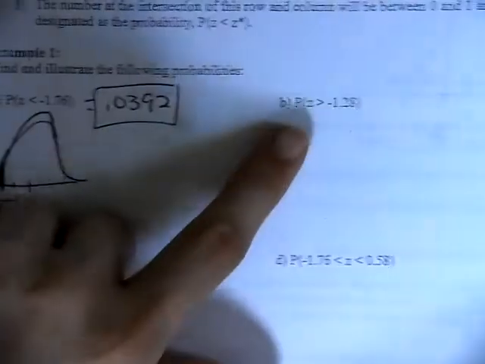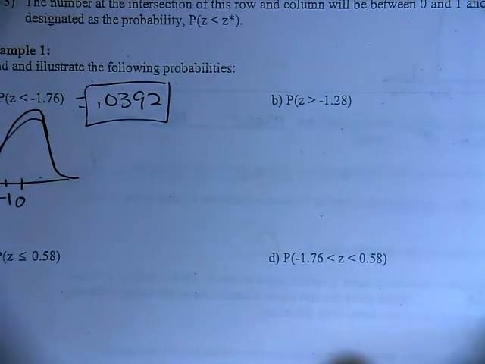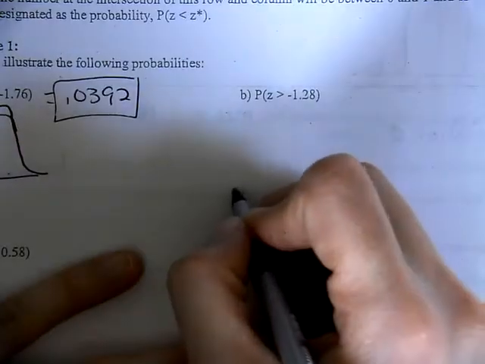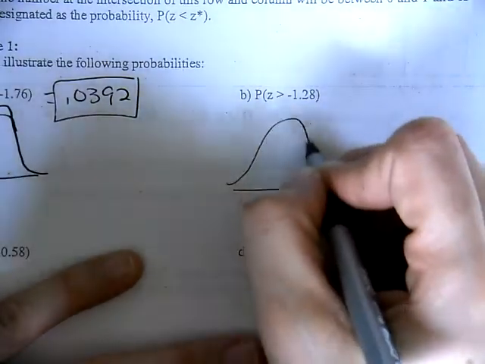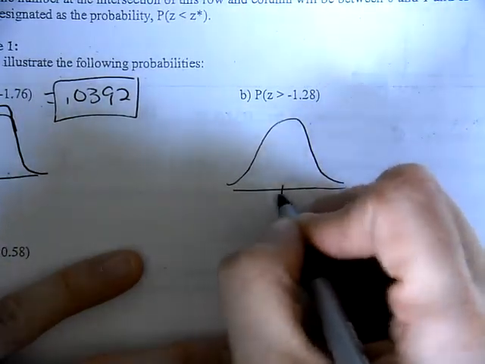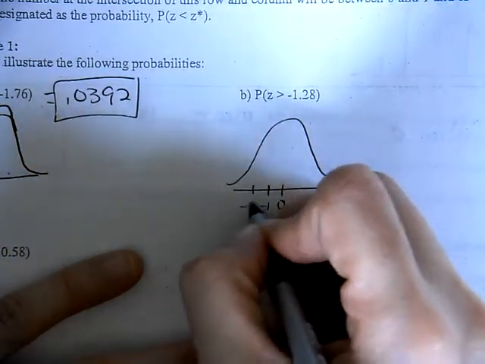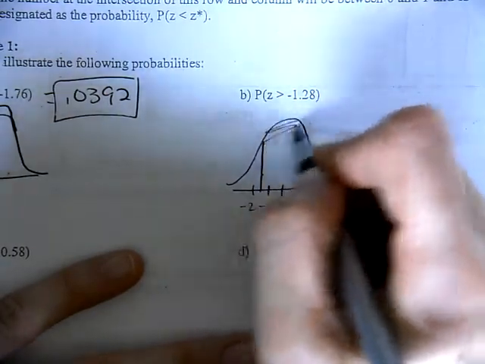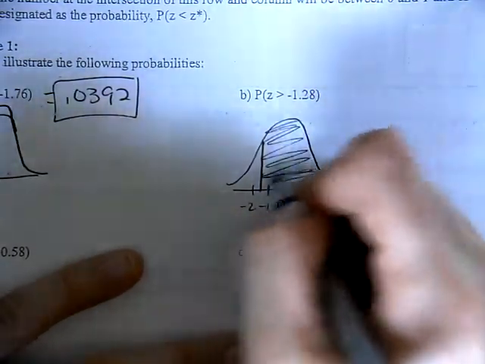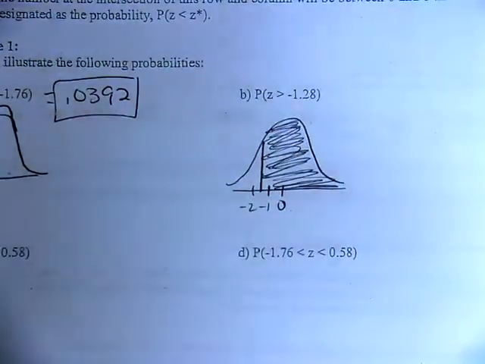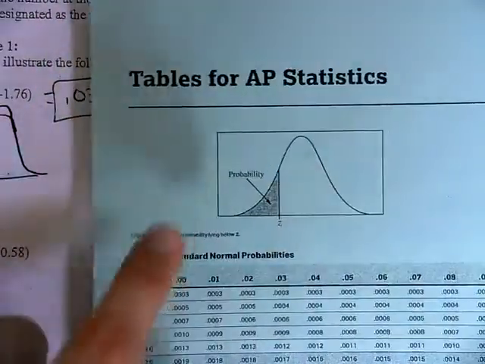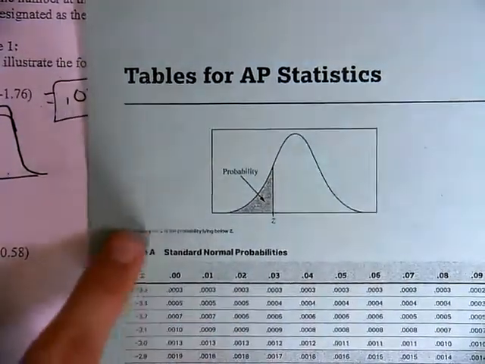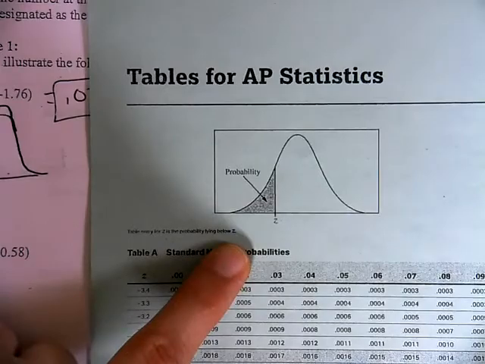Now, what's the probability I have greater than negative 1.28? Again, if I draw this, 0, negative 1, negative 2, I'm looking at negative 1.28, and I'm looking at greater than. Here's the thing with the table. If you look at the sketch at the top, the table only gives you less than. The table only gives you the area lying below your z.